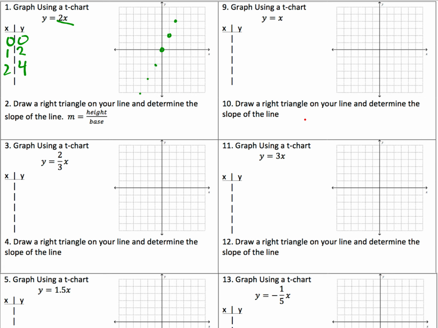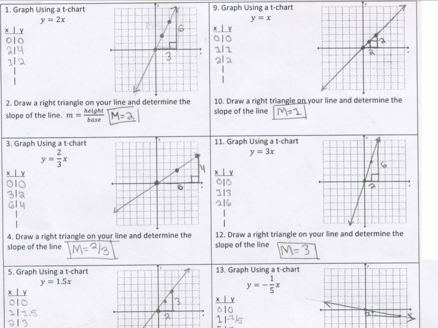I can draw more points, and it does have a slope of up 2 over 1, so the slope is 2. What we discovered is that the slope is the same as the coefficient of x. So that was the major thing from yesterday's lesson.